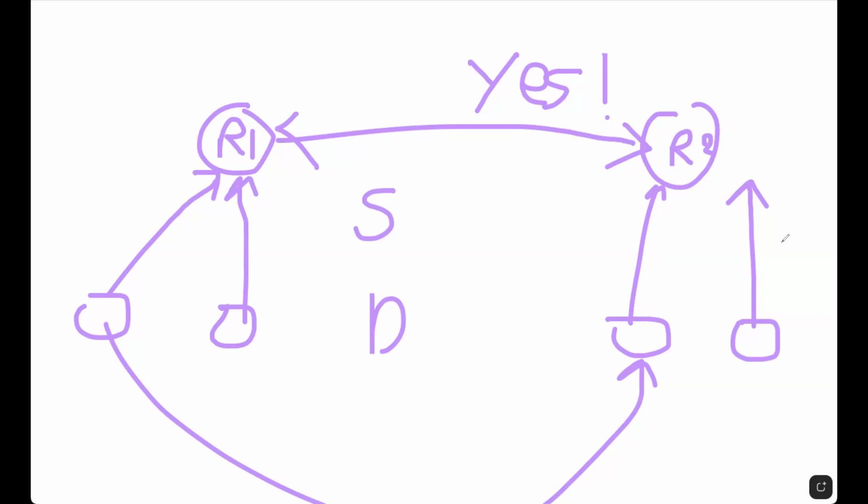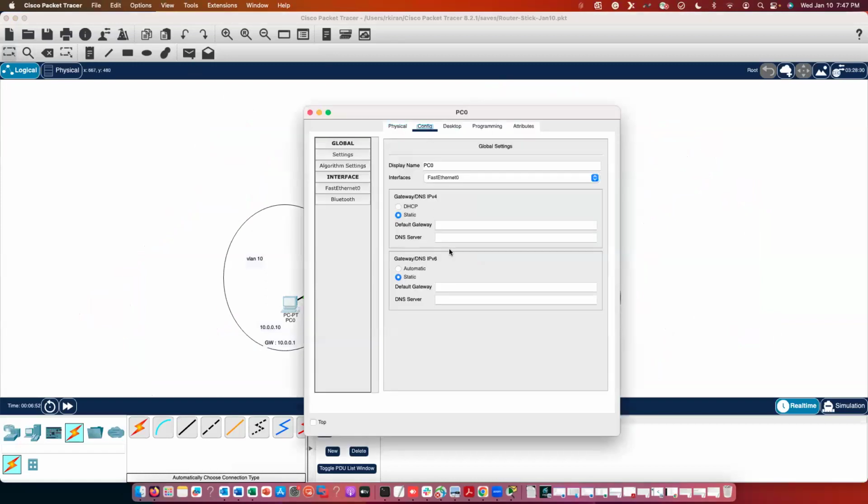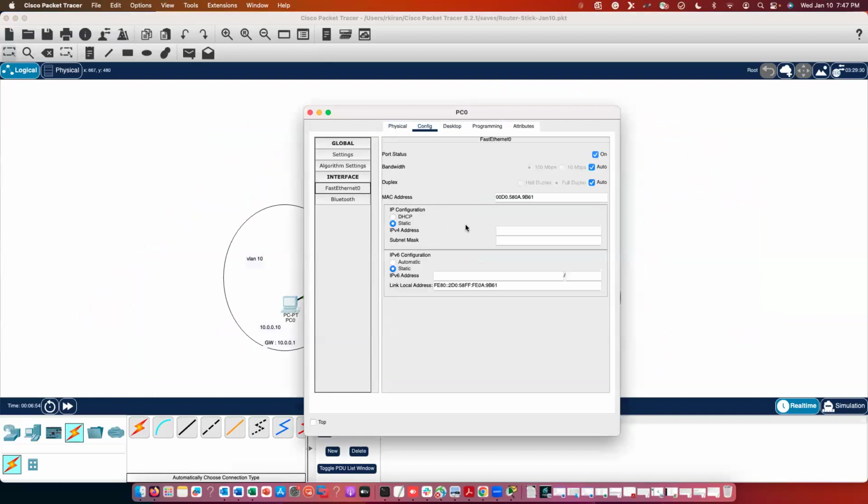Okay, all right. Let's go back to the lab. Going back, so PC0. Let's define the IP address 10.0.0.10.